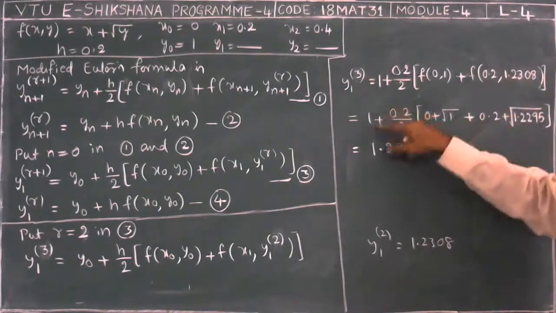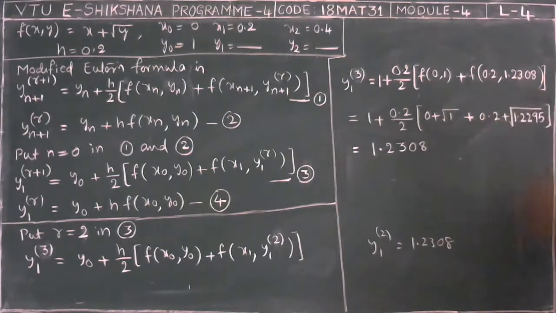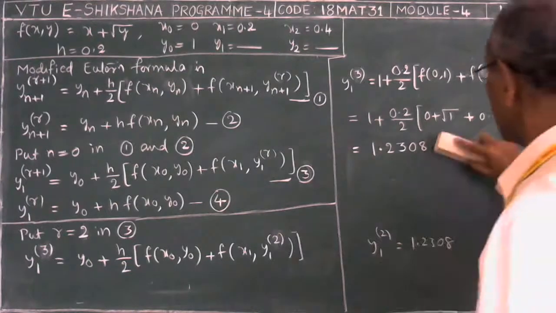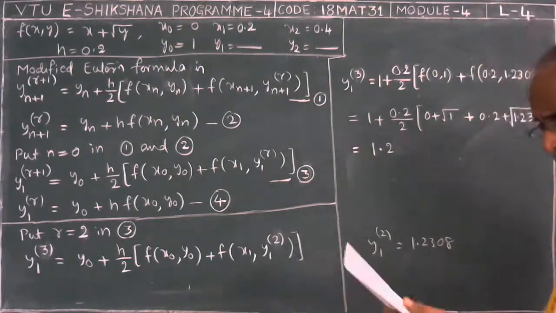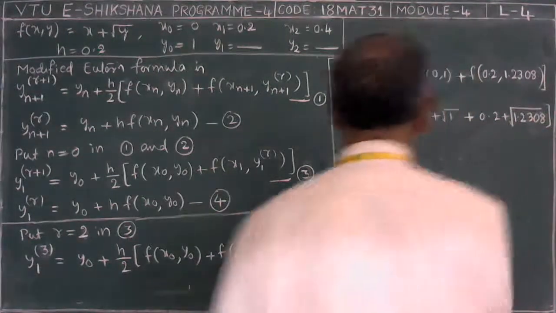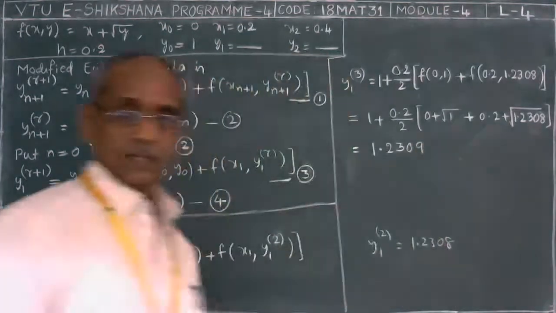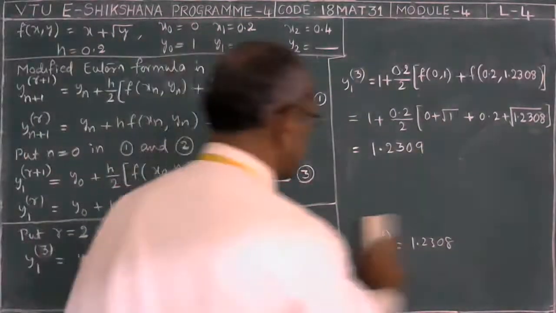Now after applying the definition, 1 plus 0.2 by 2, 0 plus root 1, x plus root y, 0.2 plus root 1.2308. If you carefully compute using a calculator, you get y13 as 1.2309, correct to 4 decimal places.